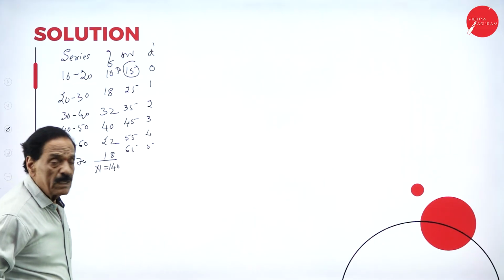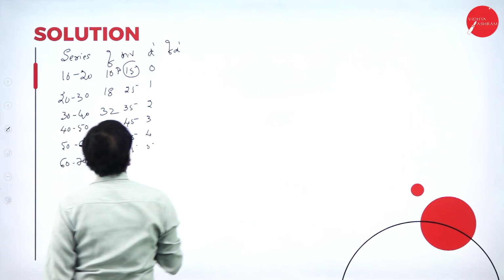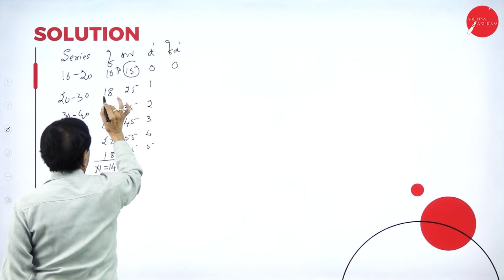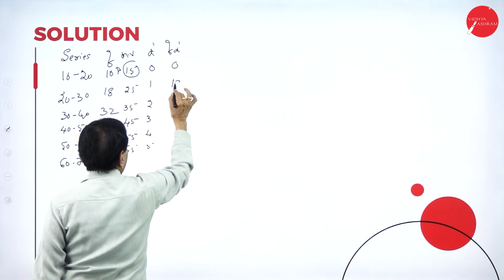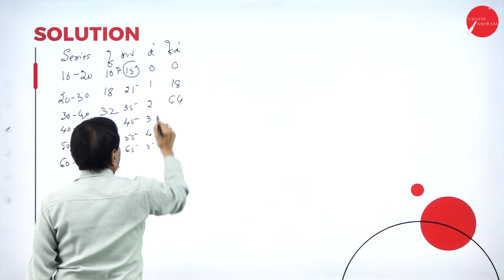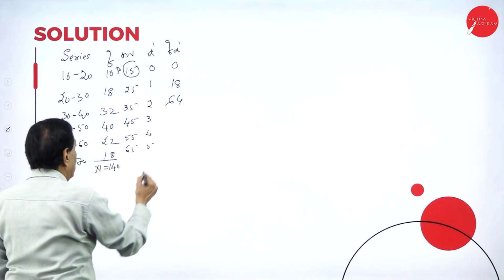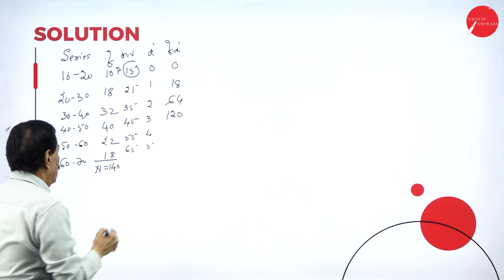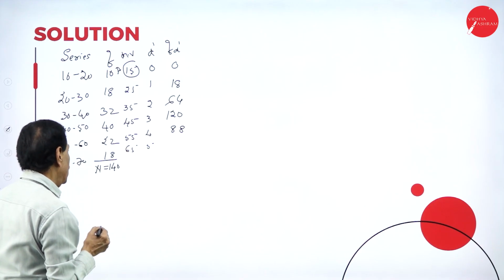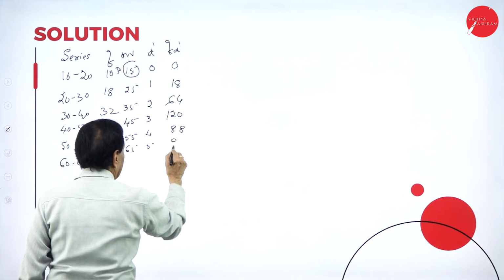What is the next step? f d dash, frequency into d dash. 10 into 0 is 0. 18 into 1 is 18. 32 into 2 is 64. 40 into 3 is 120. 22 into 4 is 88. 18 into 5 is 90.